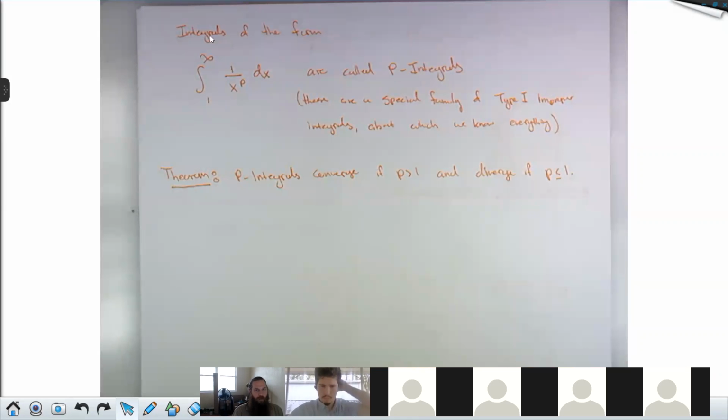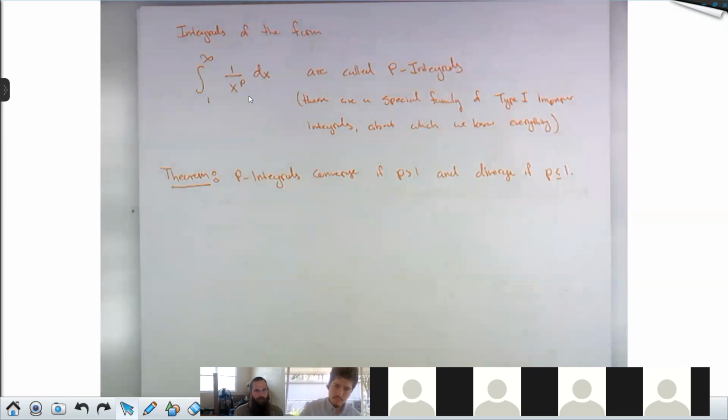Note that it has to be a type 1 integral, right? We're not going over 0 here. We're integrating from 1 to infinity. That's important. These are just type 1. And the integrand has to be exactly this, 1 over x to some power. Anything else and it's not a p integral.